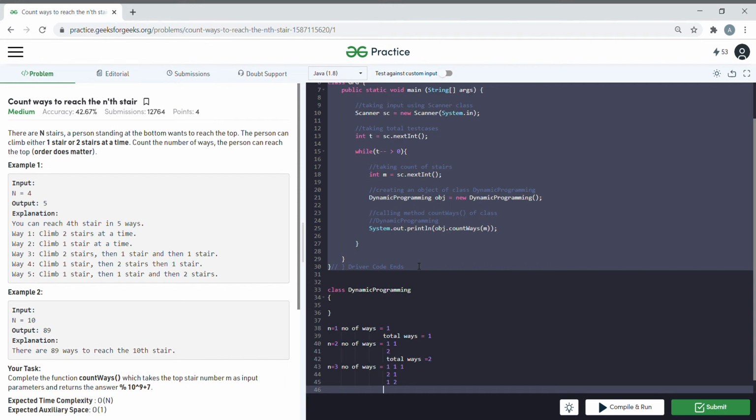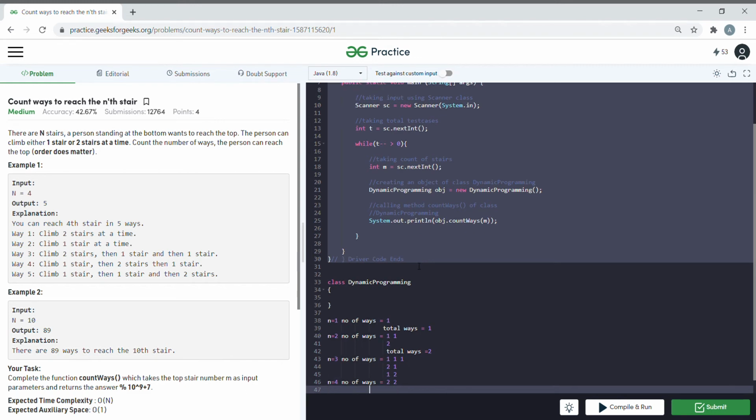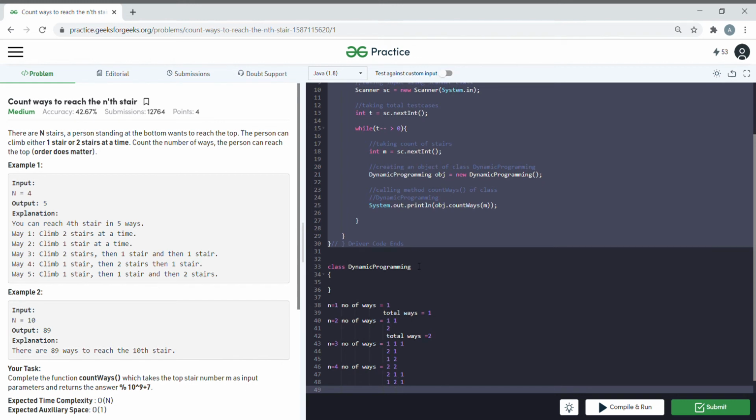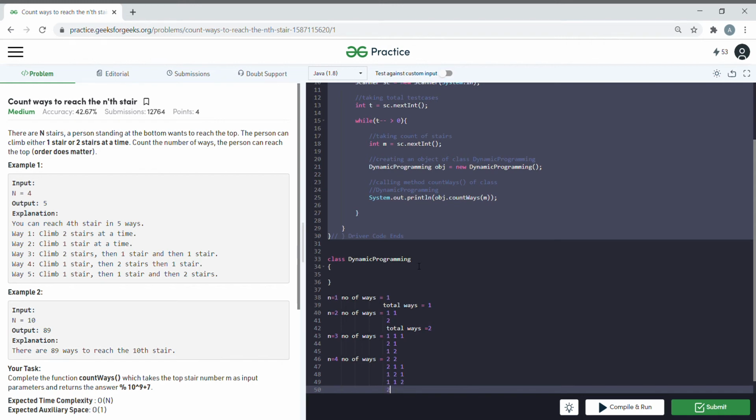So when n is equal to 4, a person can climb the stairs either 2 and 2, or 2 1 1, or 1 1 2. Okay, that's already there.